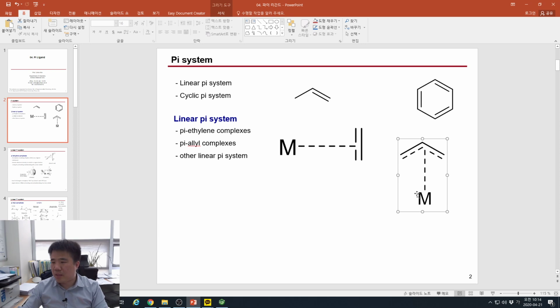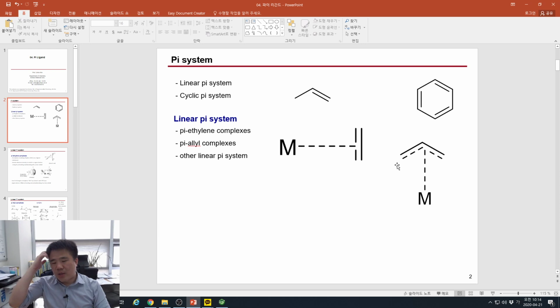This is the pi allyl system. So I draw one line, but three carbons can coordinate to transition metal by using this. So we will learn why this type of ligand is important.